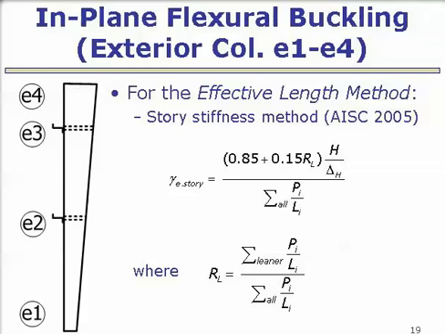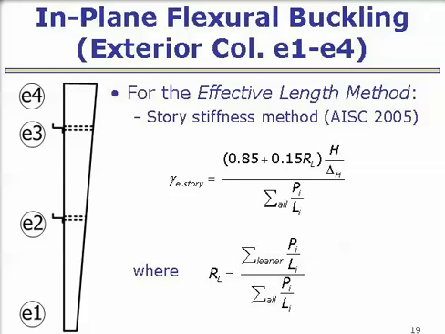If it's a gabled frame, then we have some discussion about how to deal with the fact that the sways aren't exactly the same because of the opening or closing of the gable. The 0.85 plus 0.15 R sub L, that's just a simple accounting for P small delta effects on your large delta drift. Okay?